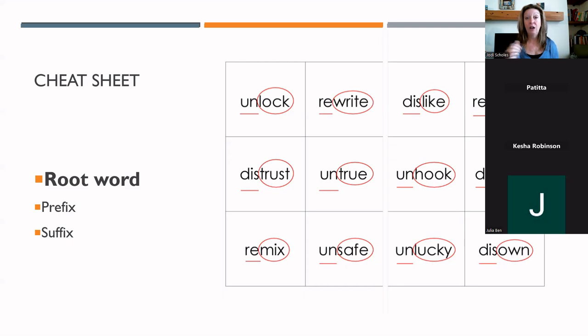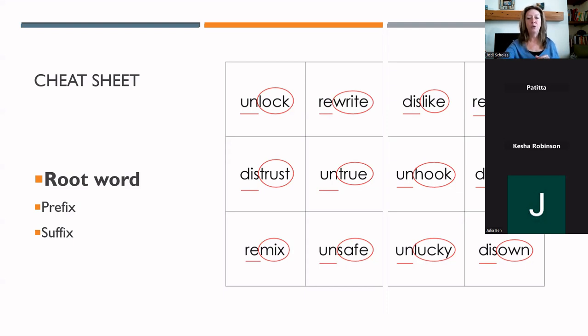Now, normally in healthcare, it adds to the meaning. Our terminology is going to add to the meaning, or more fully describe the meaning of that root word. But let's look. Unlock. Un is the prefix, lock is the root word. Distrust, remix, rewrite. I think you get the idea.